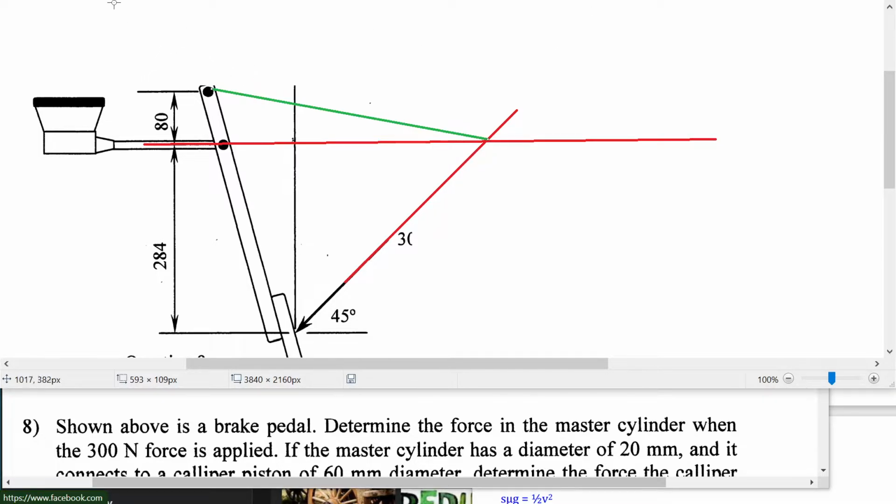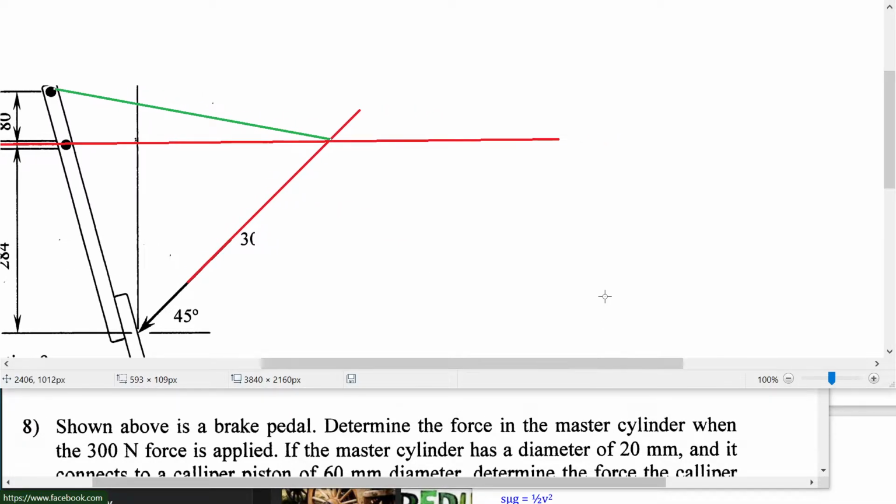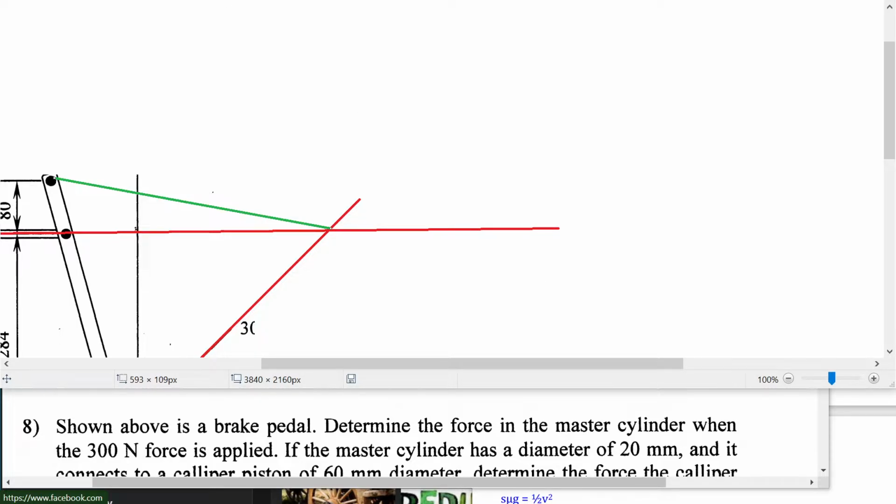Now what we can do is move these lines around to create a force polygon. Let me just extend this line. Okay, and then I'm going to draw a new line. Sorry, that's a bit slow.